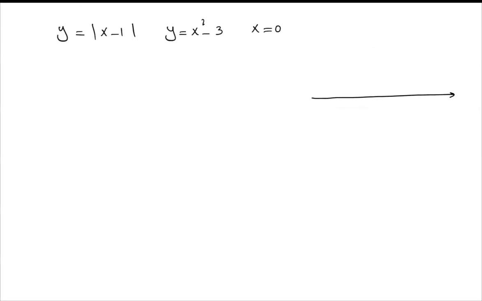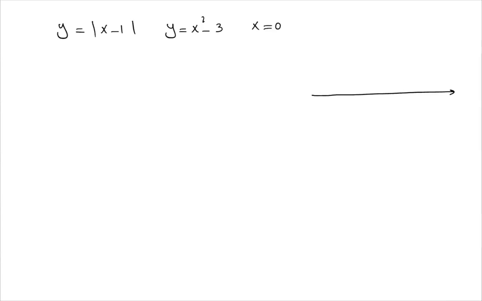Let me just regraph this. Okay. So here, negative 3. So this is the graph of x squared minus 3.